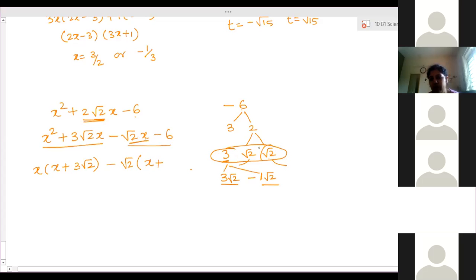After root 2, one root 2 has gone, so what is left out is 3 root 2. So x plus 3 root 2 and x minus root 2 are the two factors. So x is equal to minus 3 root 2 and x is equal to plus root 2. These are the two zeros. Clear?